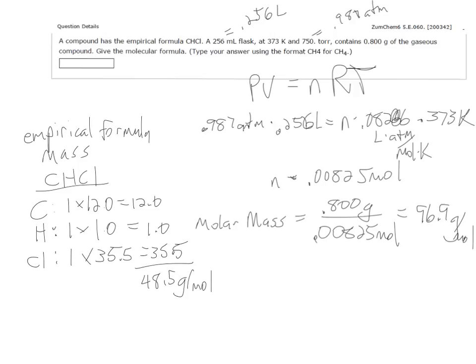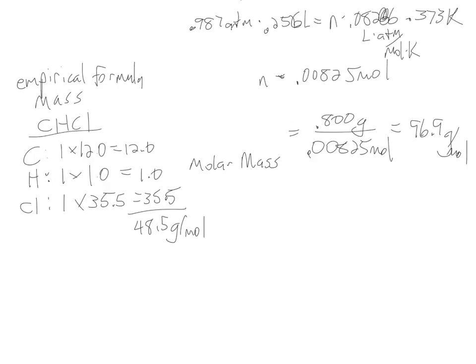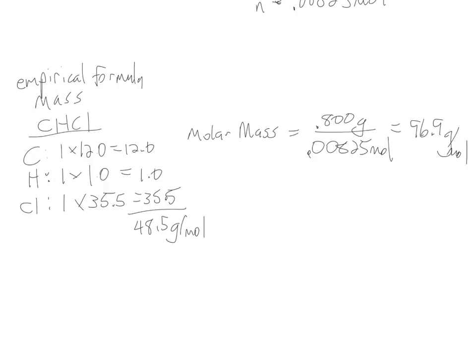Now, an empirical formula is just the simplified or reduced version of the formula compared to molar mass. So now, to figure out how to go from empirical formula to molecular formula, we need to look at that ratio of molar mass over empirical formula mass.